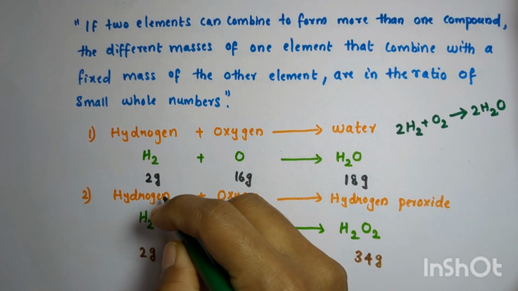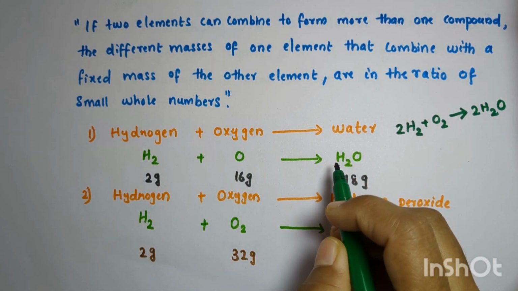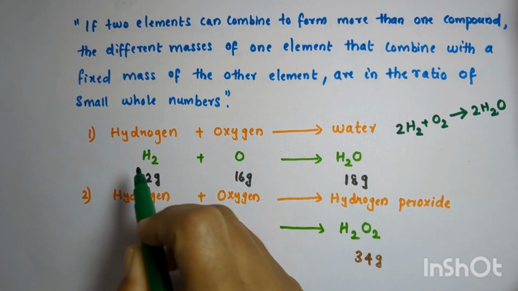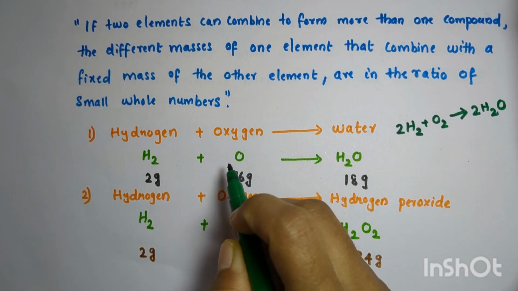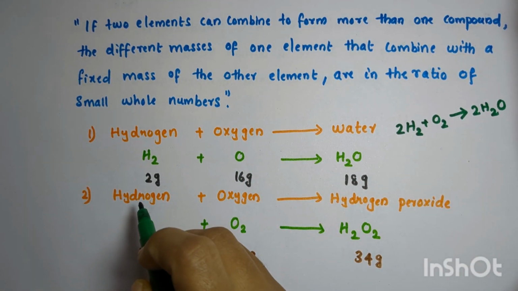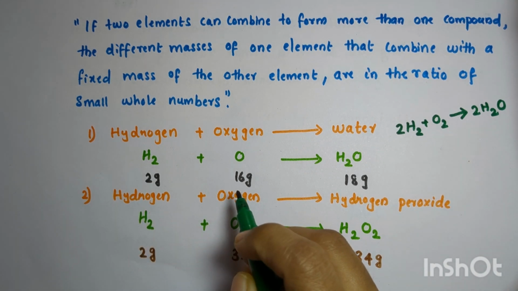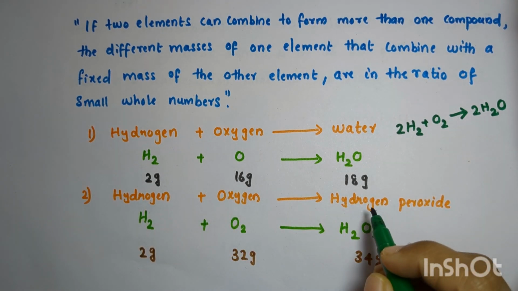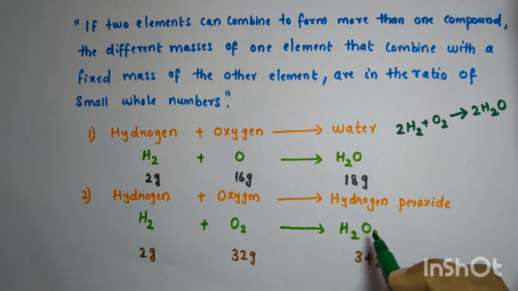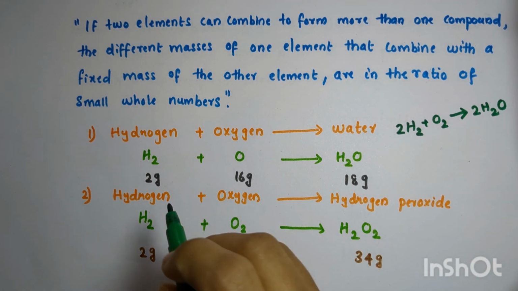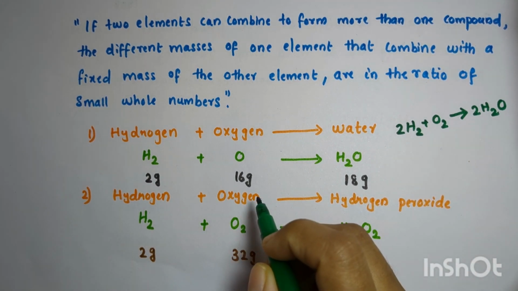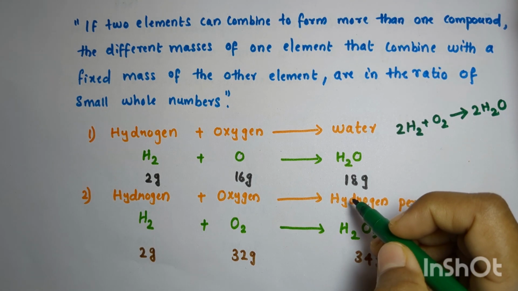Anyway, when we consider water, it has 2 hydrogen atoms and 1 oxygen atom. By combining the same hydrogen and oxygen, we get another compound, hydrogen peroxide, H2O2. So by combining the same elements, we get more than one compound.